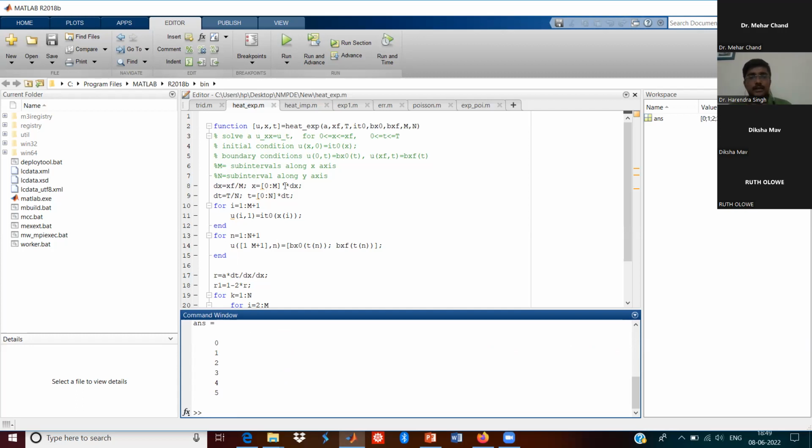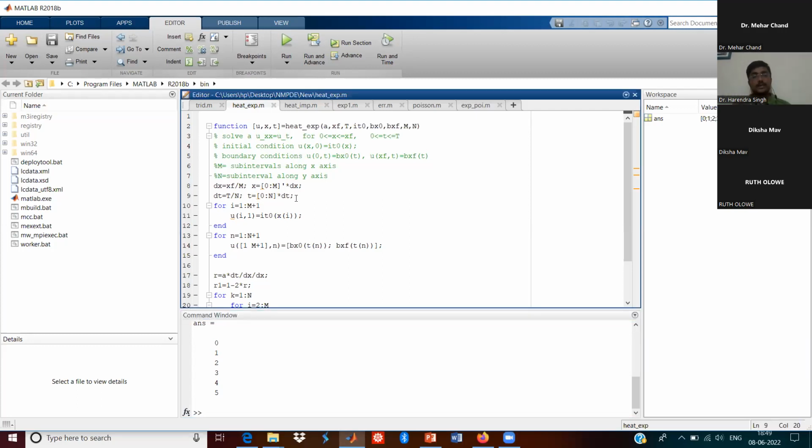So if we are taking discretization along the x-axis, the points we take are 0 to m times dx. Similarly, you can discretize along the t-axis, the time domain, 0 to n times dt. So this is the discretization along the time axis. These will be the notation.